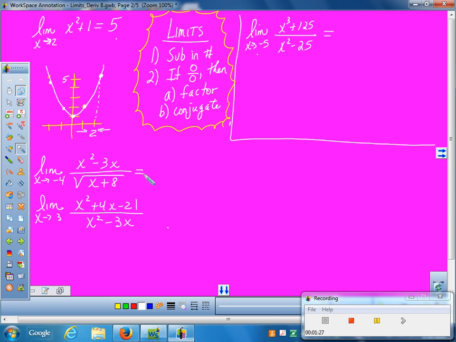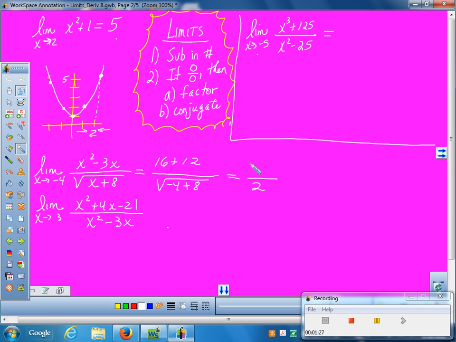What's the first step I should do? I should put -4 in. Beware your negatives. What do I get when I put -4 in there? Positive 16 plus 12, because I'm going to take 2 negatives. And then on the bottom, I have square root of -4 plus 8, which is square root of 4, or 2.